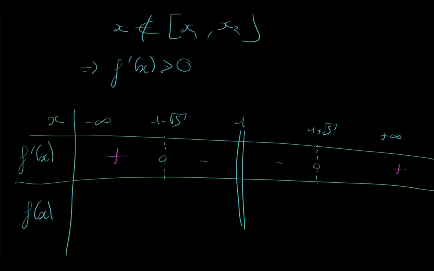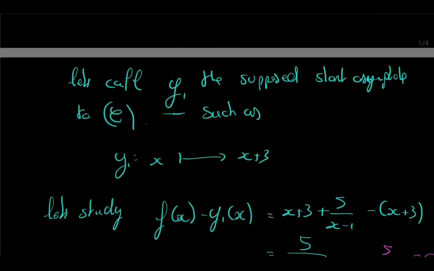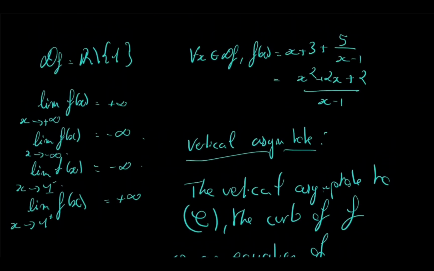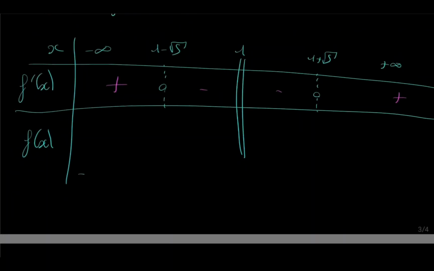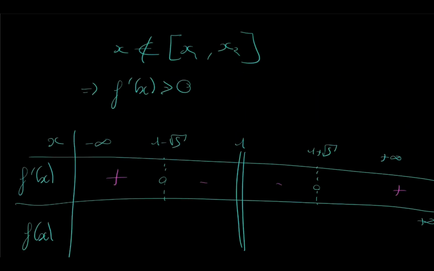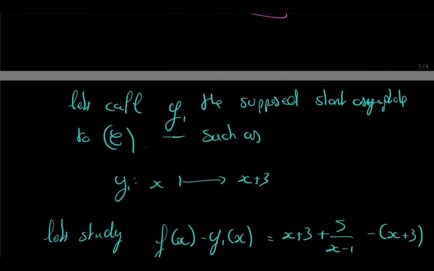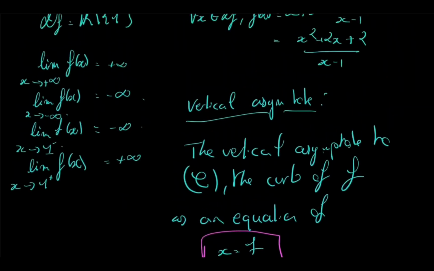What do we know about f of x? We know that at minus infinity, it is equal to minus infinity. At plus infinity, it is equal to plus infinity. So we've got minus infinity and plus infinity here, and at 1, what do we have?